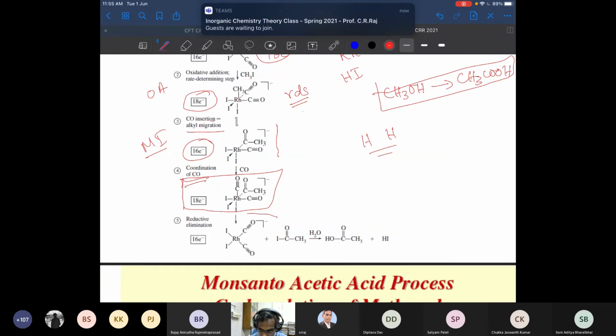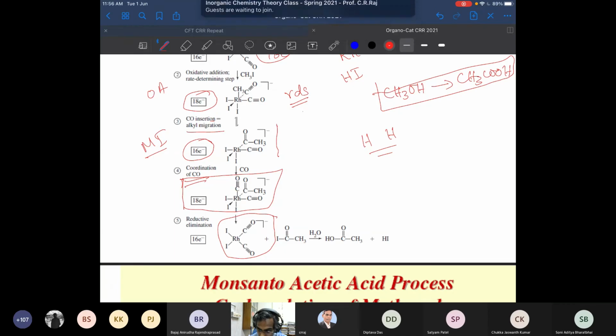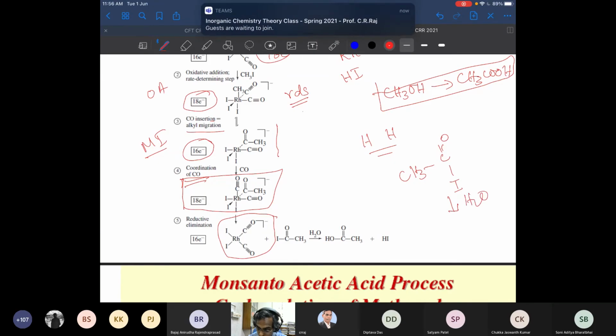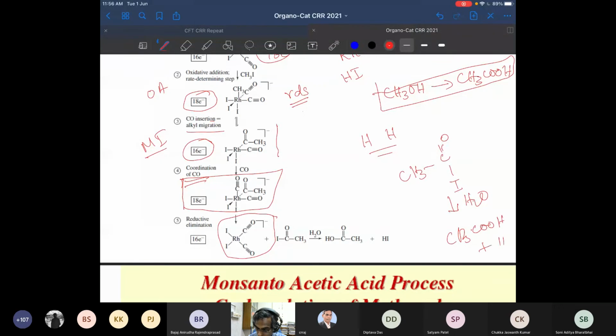That is, I got the catalyst back, and instead of acetic acid, what I got is CH3 C double bond O I. This is what I got. Okay, this in the presence of water converts into your acetic acid, CH3COOH, plus HI.